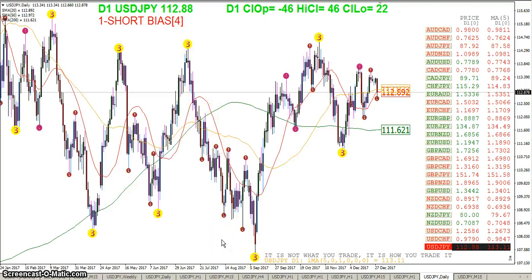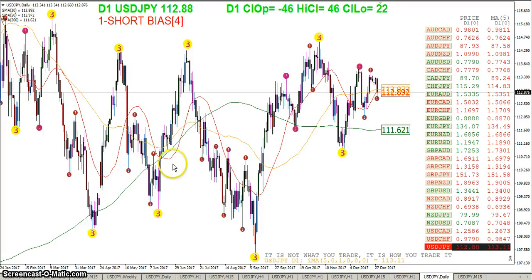So you can see it's kind of hard to gauge using that 200 moving average, because you could say, well, let's buy the dips. Well, okay, we could buy that dip here, but then right here we could buy that dip, and it got us in trouble.